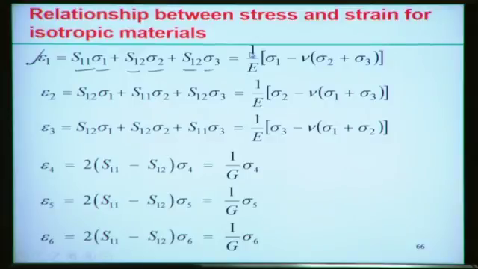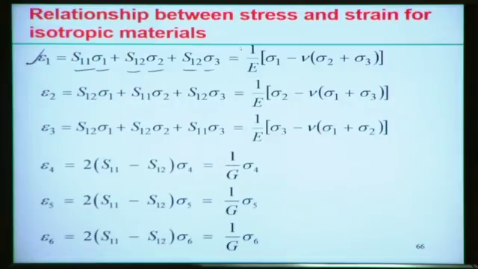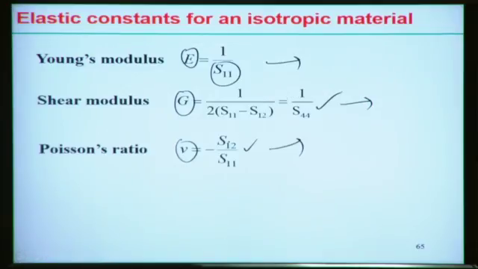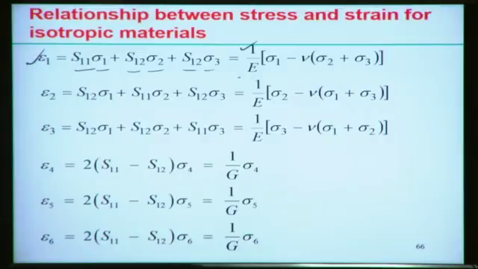If we put in the relationship between the elastic constants and the compliance terms, we find that S11 is equal to 1 by E, and S12 is equal to minus S11 times nu, that is, minus nu by E. If we put that relation in, we can find this relation.